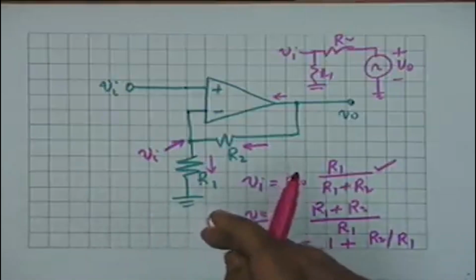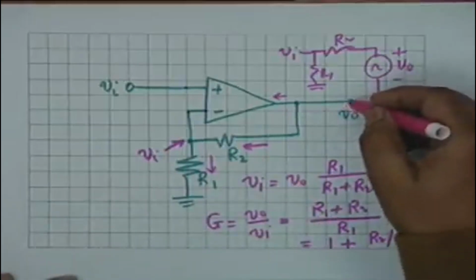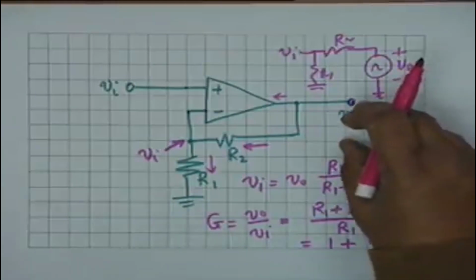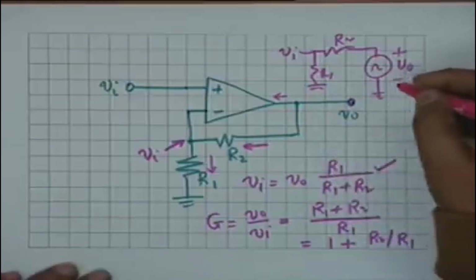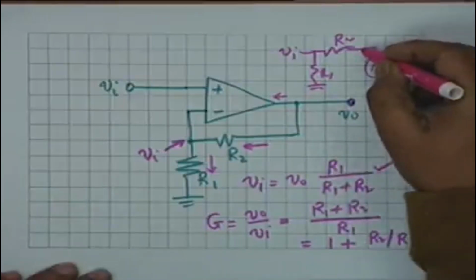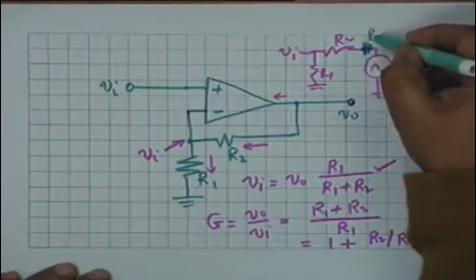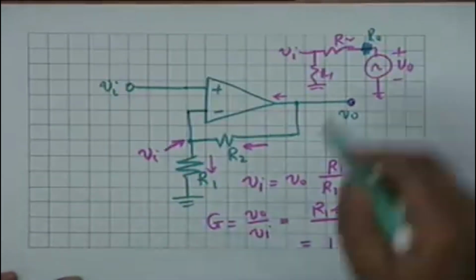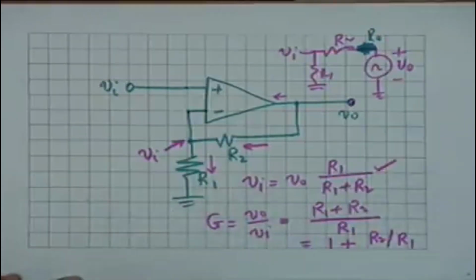The idealness is reflected in three things. One is that as far as the output of the op amp is concerned, it can be considered as an ideal voltage source. Suppose it was non-ideal, then obviously you should have included here the R0, and then this relation would not have been valid. So it assumes the output resistance is 0.